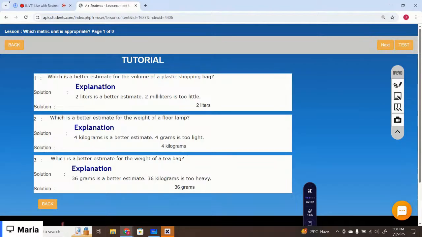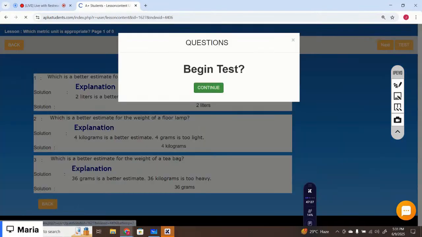Two liters is a better estimate, because 2 liters is too little. Let's just start with the test question.